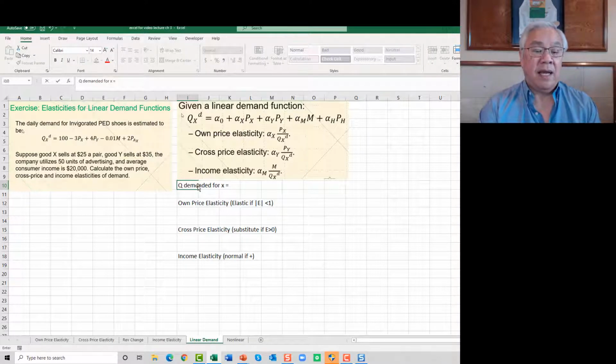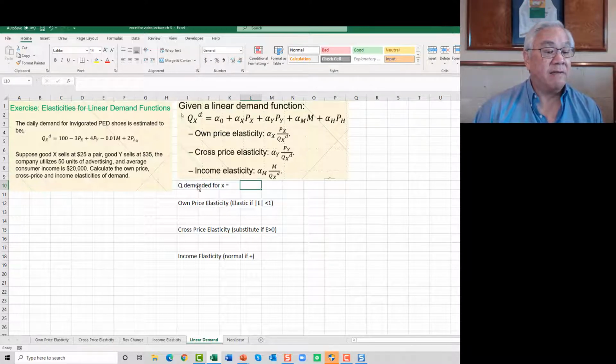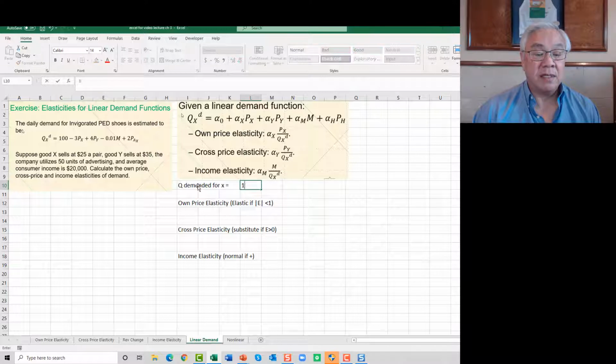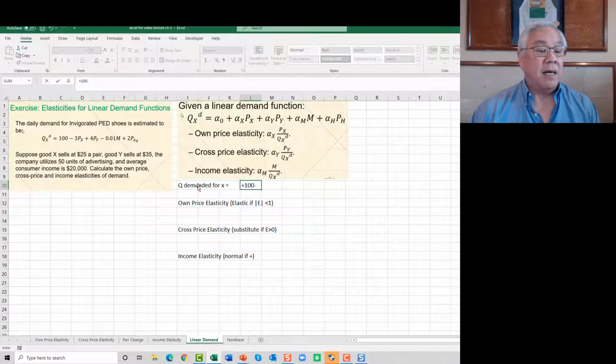equals, and here we'll just put it in the Excel as alpha 0. And here we're given that alpha 0 is 100. And it's minus 3 times P, and price is given at 25.